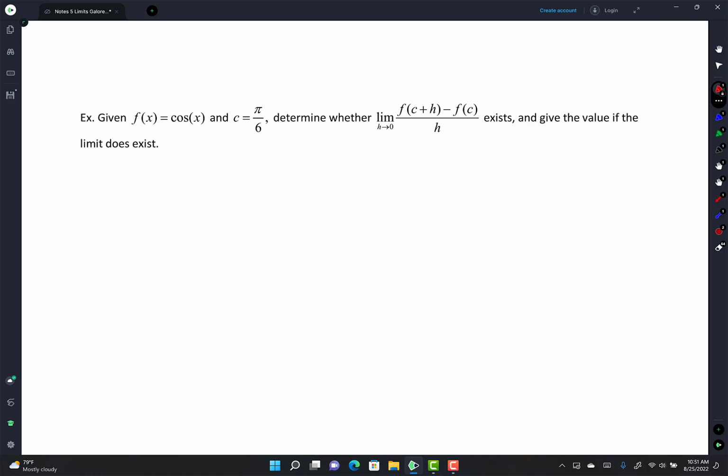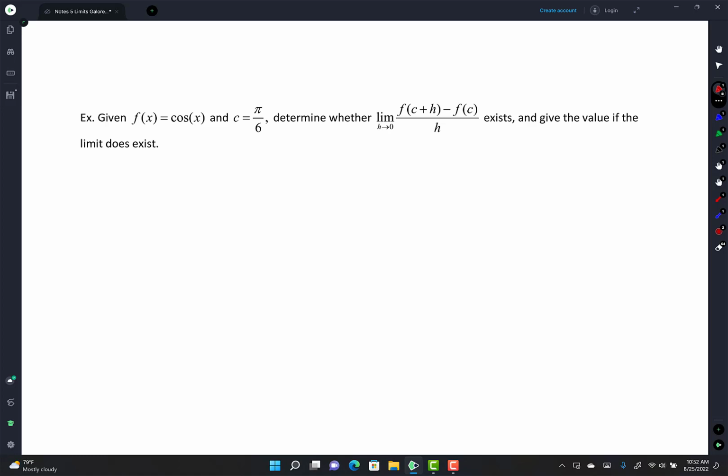All right, here we go. Ready for this one? You're going to need a little bit of pre-cal. Relax. It says f of x equals cosine x and c equals pi over 6. Determine whether the limit as h approaches 0 of f of c plus h minus f of c over h exists and give the value if the limit does not exist.